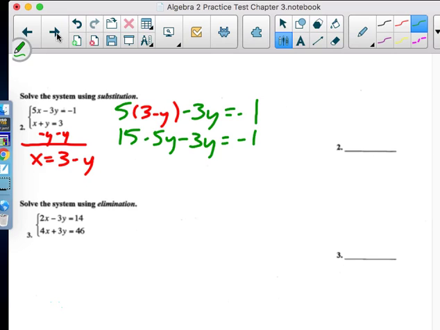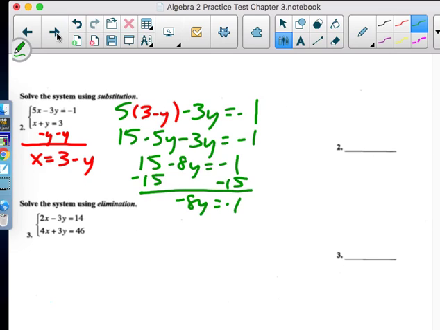Okay. You're right. We could put the 15 over on the other side by subtracting. Most people are probably just out of habit from linear algebra are going to put these together first. So we've got negative 8y equals negative 16.